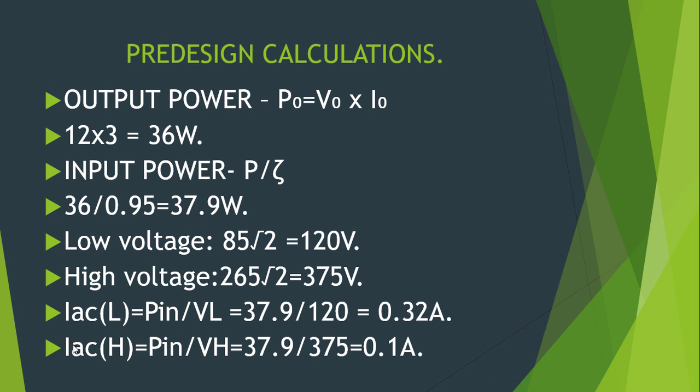And then the AC current of the high voltage will be P in over V high. We have 37.9 over 375, so we are getting 0.1 amp. So the maximum current we are getting for the low side is 0.32, and for this one we have 0.1 amp.